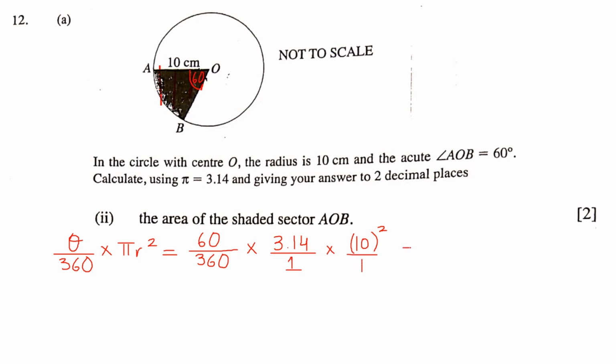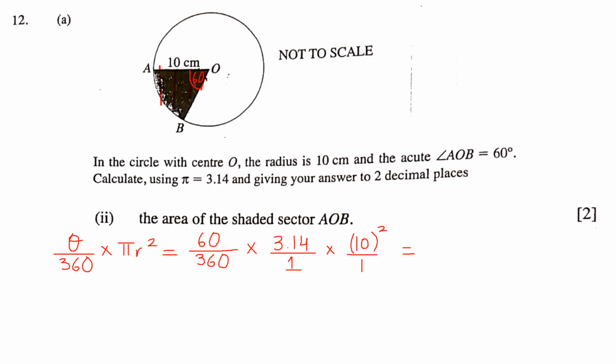Okay, great. So let's multiply. We have 60 multiplied by 3.14 multiplied by 10 squared. We know 10 squared is just 100.